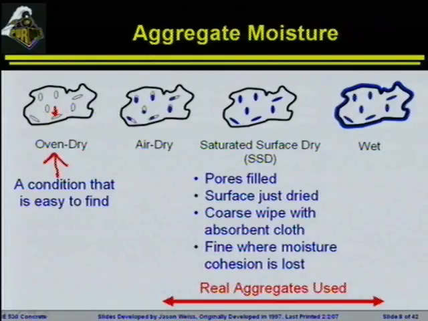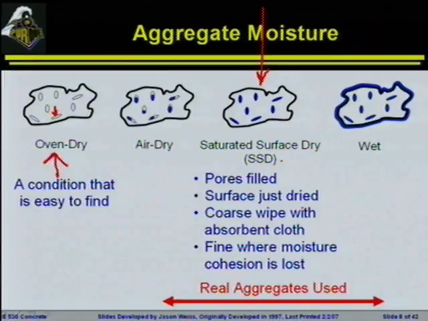What we really want for the magical state for concrete mixing is we want our aggregates in this condition right here. Now, since this is the most desirable state for us to have, it's going to be the hardest one for us to find. It's not going to be simple to get there. And the reason that this is so magical is basically what it's saying is the aggregate is inert.